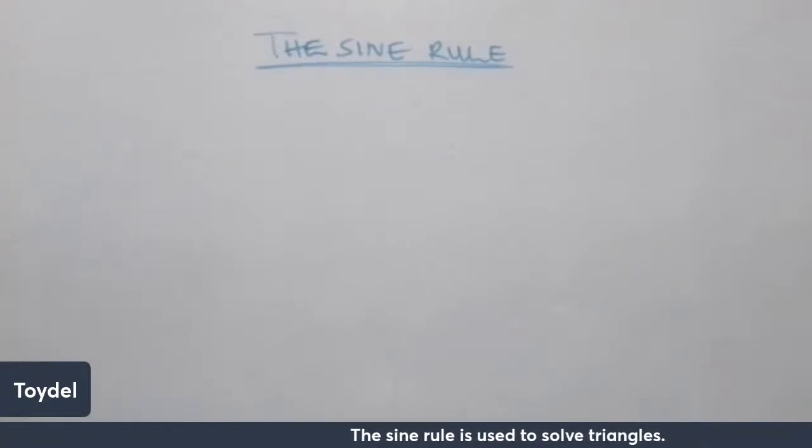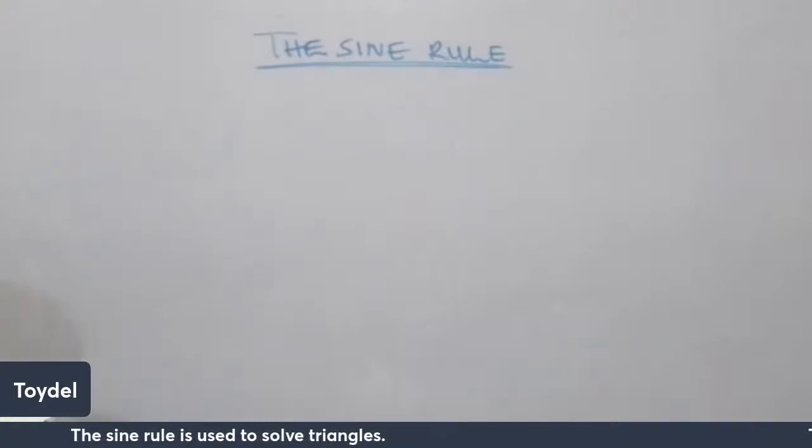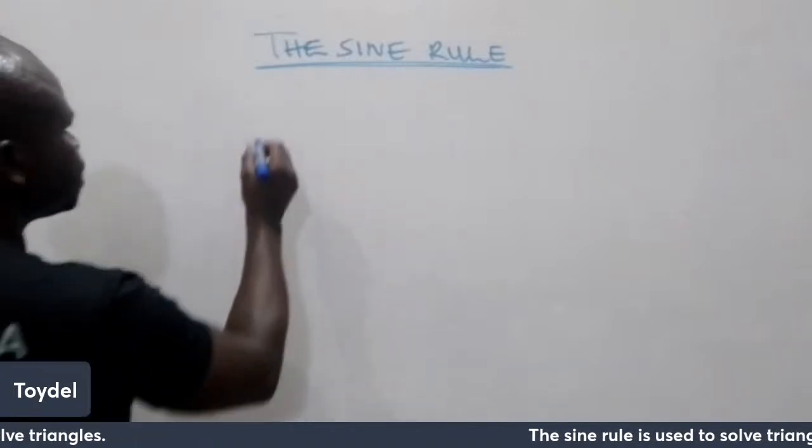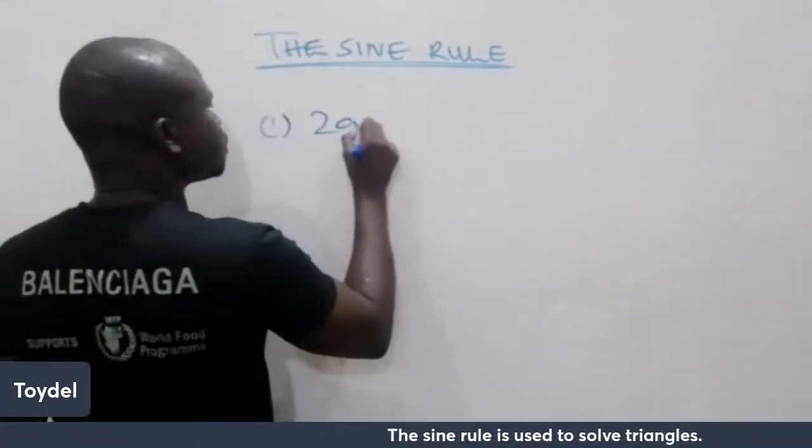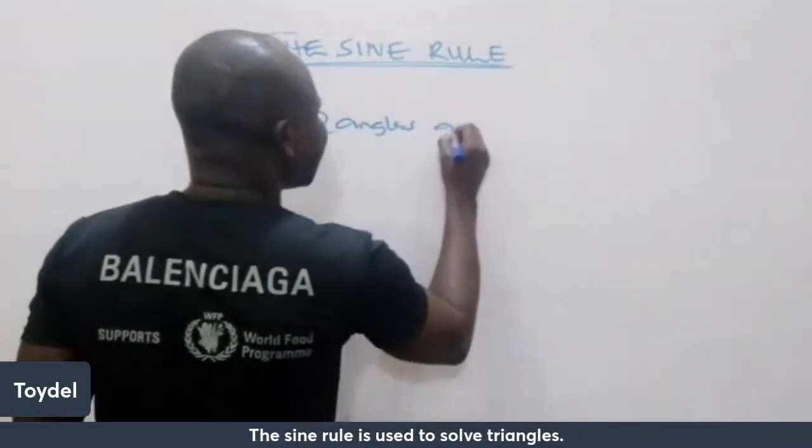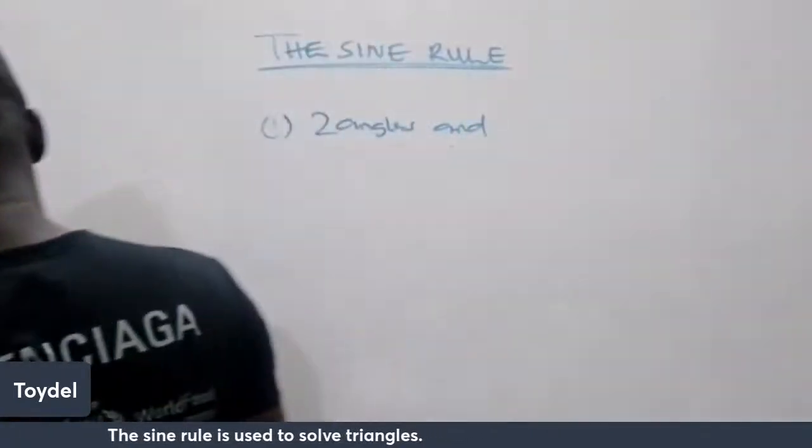We use the sine rule to solve a triangle in which either two angles and any given side are given. That is, when we have two angles and any side, we apply the sine rule.